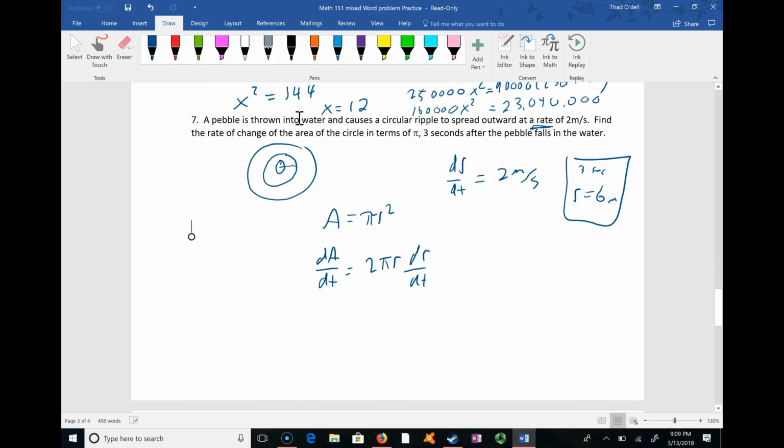Plug in what we know. dA/dt is equal to 2 pi times 6 times 2, that would be 6 meters, 2 meters per second. And meters times meters is meters squared, which is what we want. So we get dA/dt is equal to 24 pi meters squared per second.